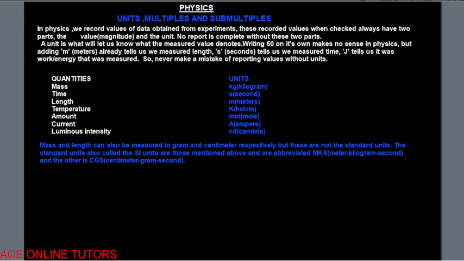Now, another thing we need to know is that mass and length can also be measured in gram and centimeter respectively. If you look at this, for mass we said it is measured in kilogram, and for length we said it is measured in meters.